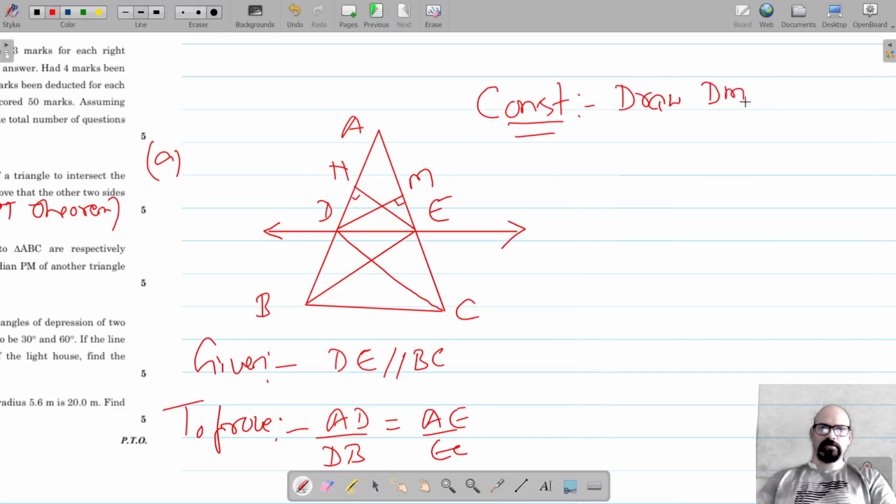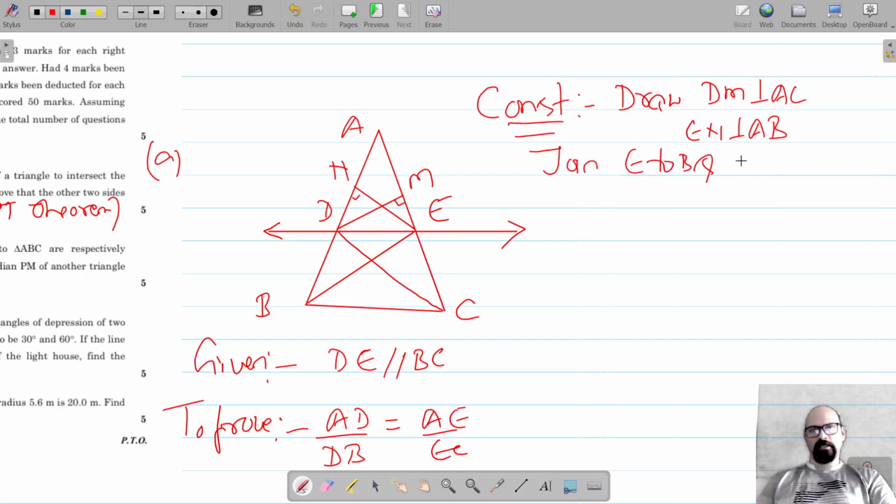So I have drawn DM perpendicular to AC and EN perpendicular to AB. And after that, I have joined E to B and C to D. Okay, now the proof.